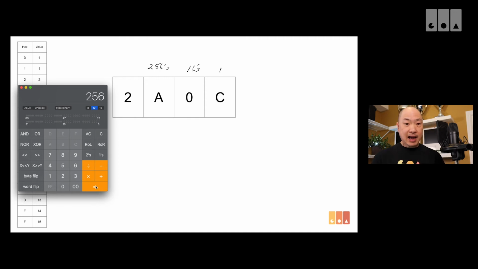Okay, and then how about the next space? In base 10, it would be 1, 10, 100, 1,000. What's 1,000? 1,000 is 10 times 10 times 10. So in this case, we want 16 times 16, which is 256, times 16. So this next space here would be 4,096s.